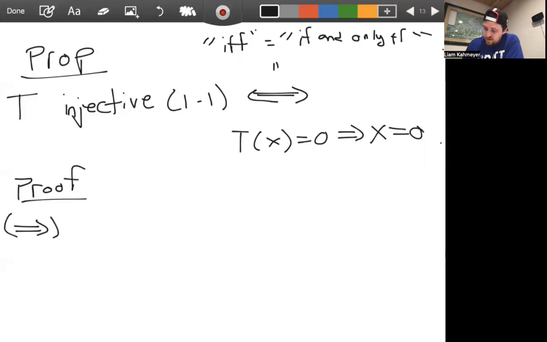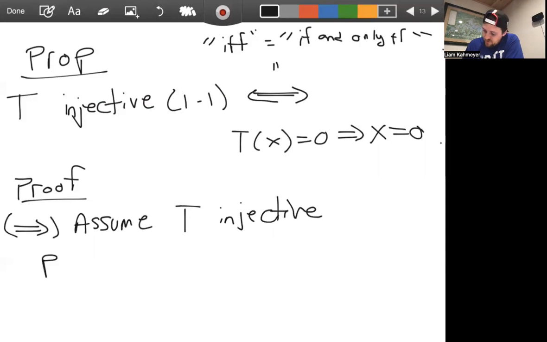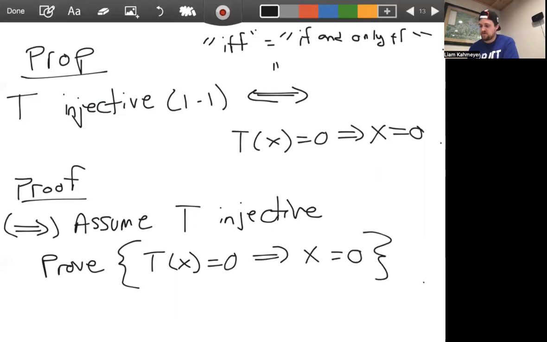That means we're going to assume that T is injective, and then we want to prove the following statement, that T of x equals 0 implies x equals 0. So this is the direction that we're proving. We can assume injectivity, and then we have to prove this logical statement right here.